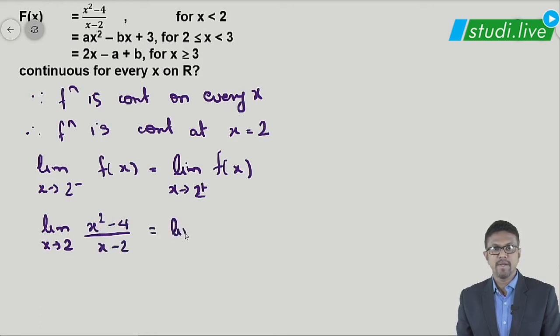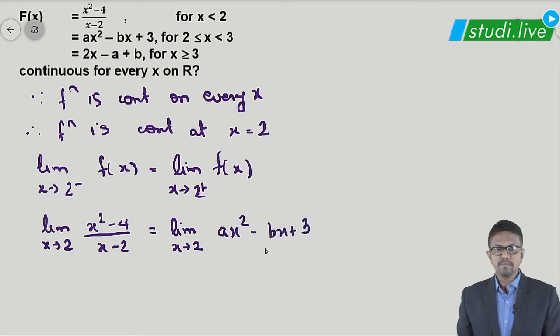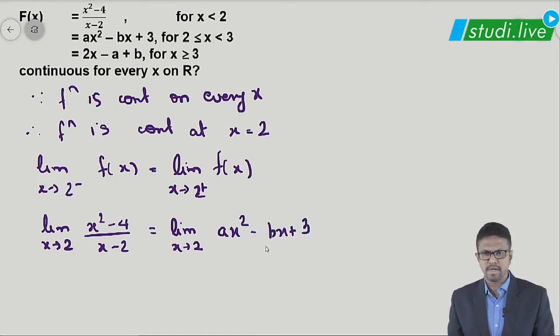And when I am saying 2 plus, that means the value for x is greater than 2, so that is ax square minus bx plus 3. This is the value where x is greater than 2.